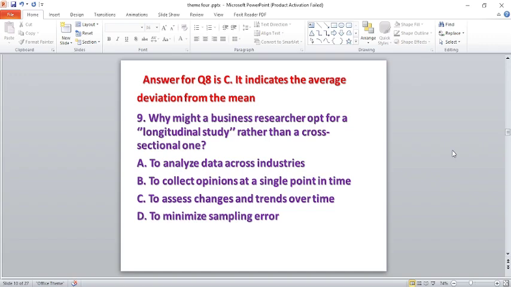B. To collect opinions at a single point in time. C. To assess changes and trends over time. D. To minimize sampling error. The answer for this question is C. To assess changes and trends over time.